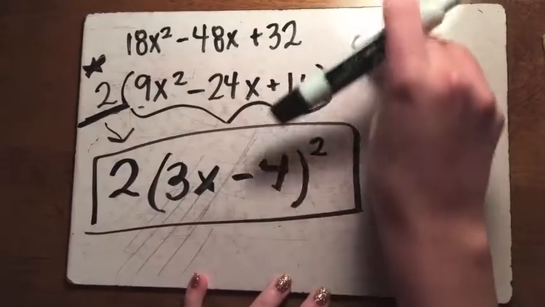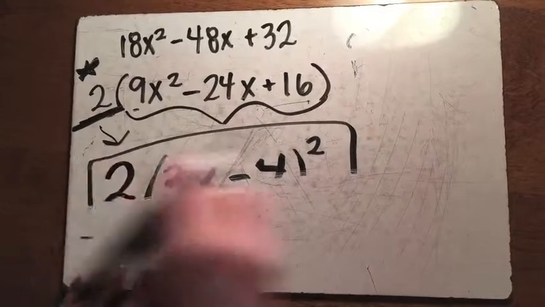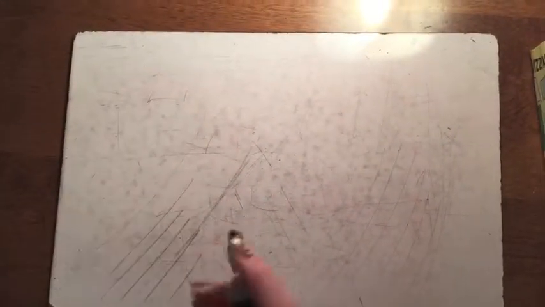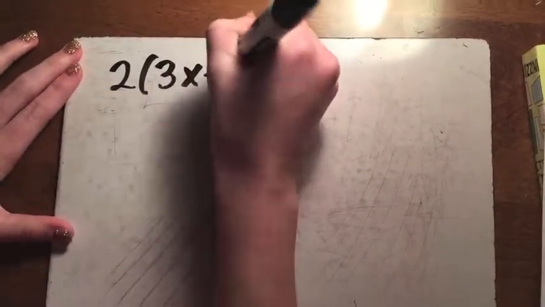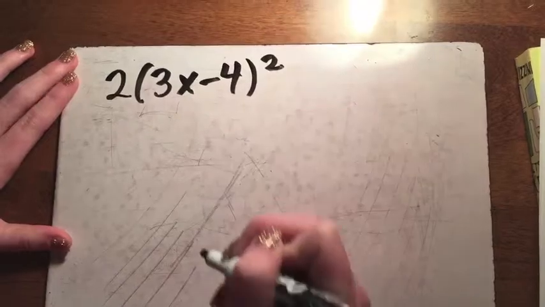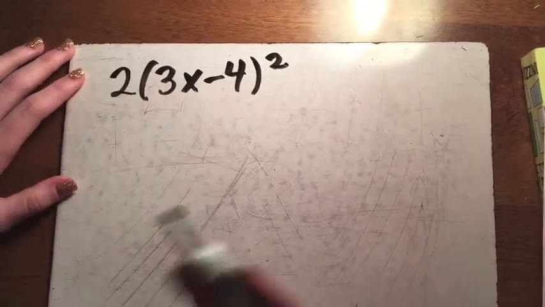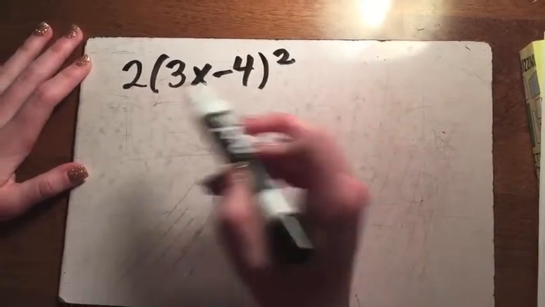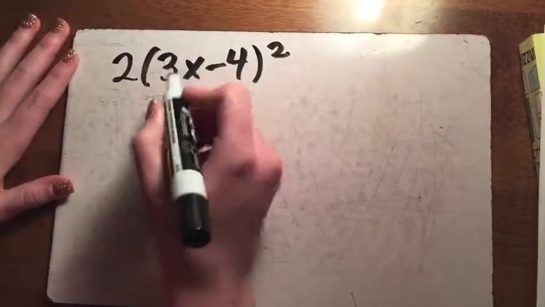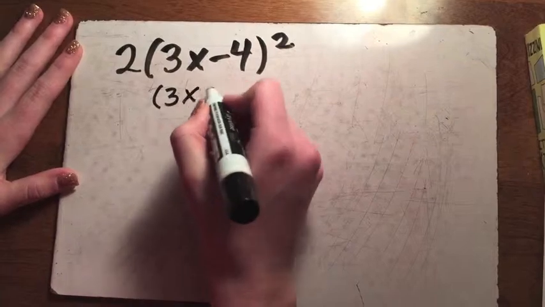We're going to check to make sure that we did it correctly. So I'm just going to erase this whole thing. The final answer was 3x minus 4 squared. And we have to remember when we're squaring something, we don't just square one element and then square the other and that's our answer. We have to remember to write it out and FOIL it.